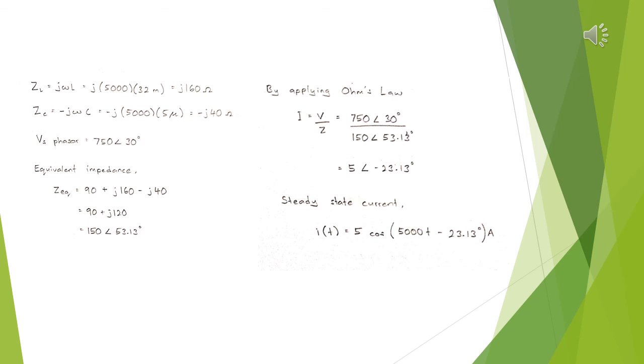After that, by applying Ohm's law, we can get the answer. Lastly, for the steady state current, it gives us 5 cos(5000 t minus 23.13 degree) ampere.